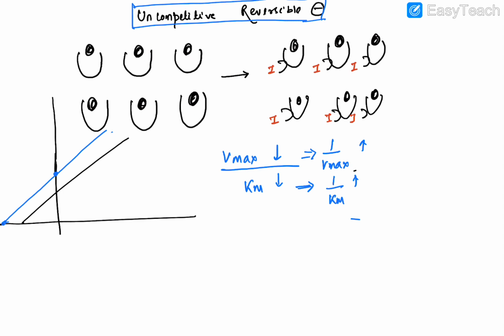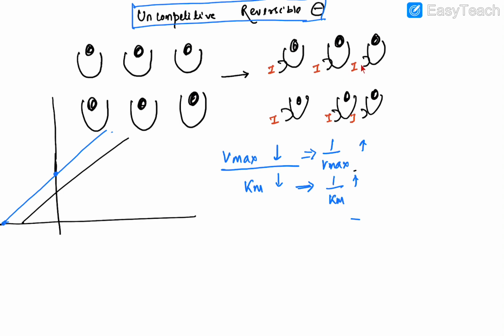So what will happen when we add substrates to these enzymes? They will cause the appearance of an allosteric inhibitor site. Once we add the substrate to the enzyme, after that these allosteric inhibitor sites will appear on the enzymes. They were not present previously. They appear only after the substrate binds.